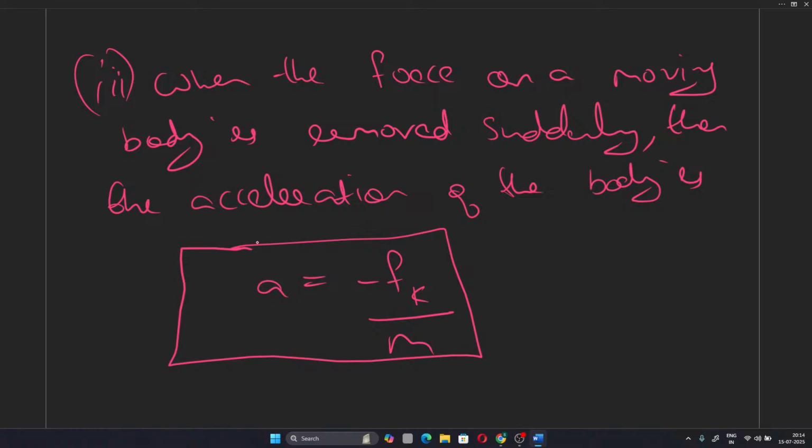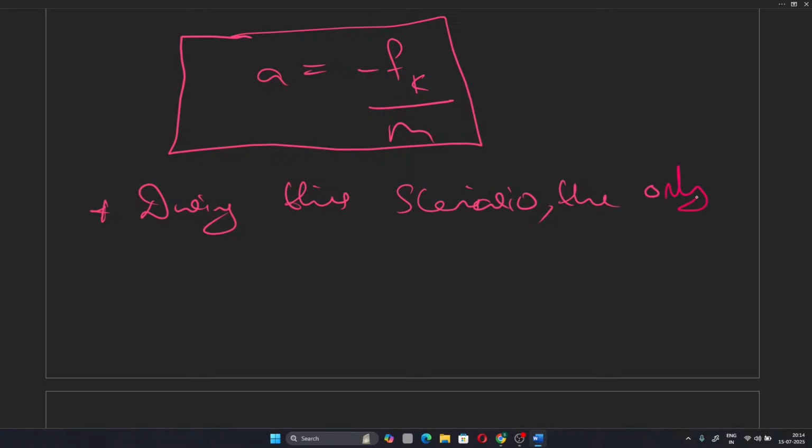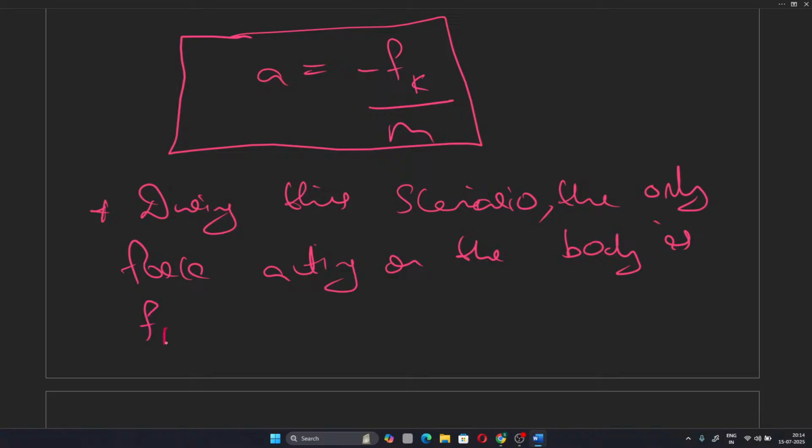This is obvious because during this scenario the only force acting on the body is Fk, and it is minus because it is retardation, not acceleration.